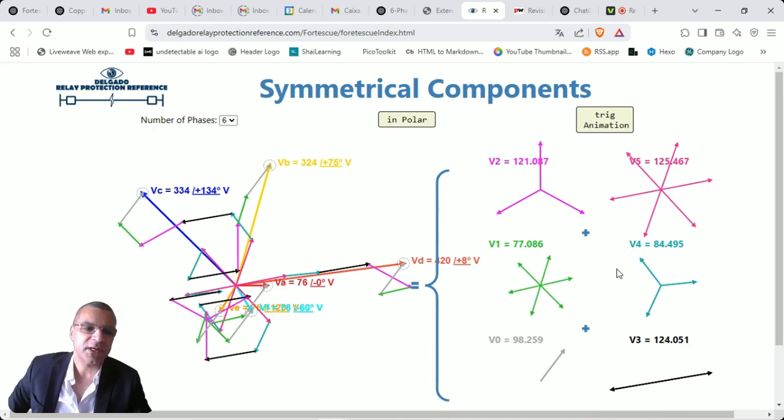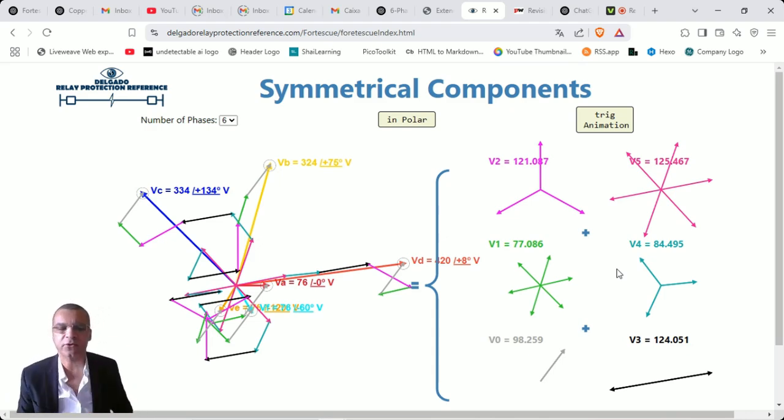So this is the animation, and obviously I'm thinking of using this tool to further understand and go deep into the distance protection algorithm and how this affects how distance faults are calculated. That's something I will be investigating further later on.